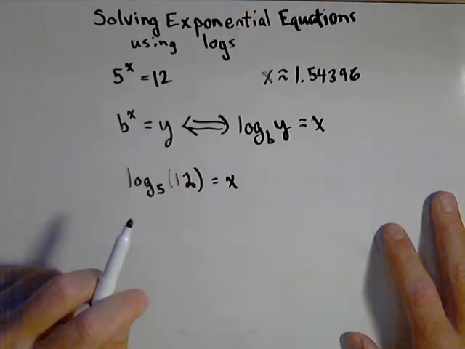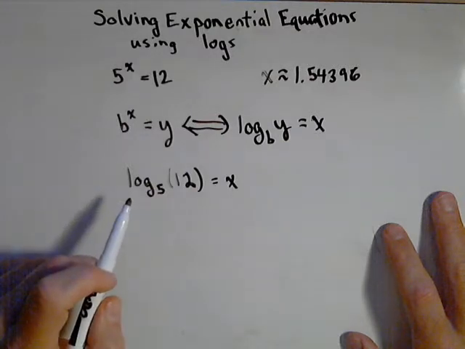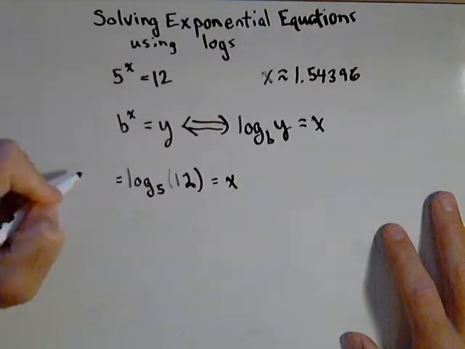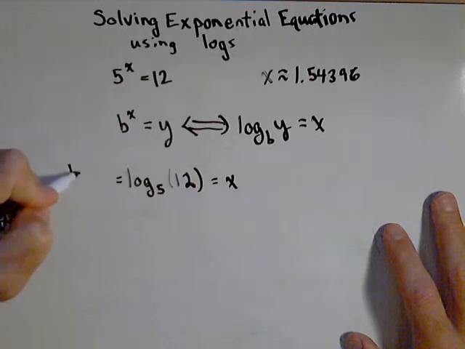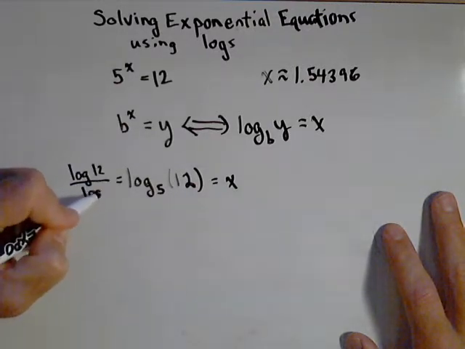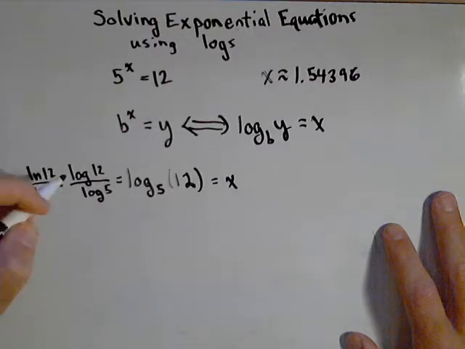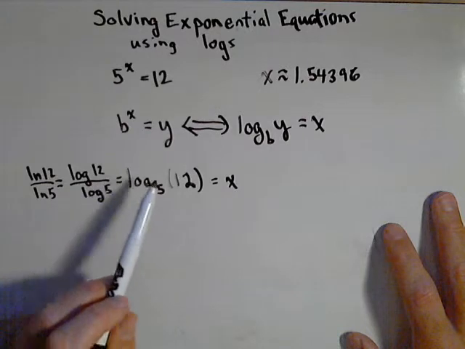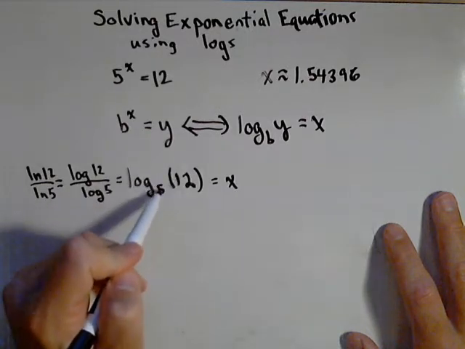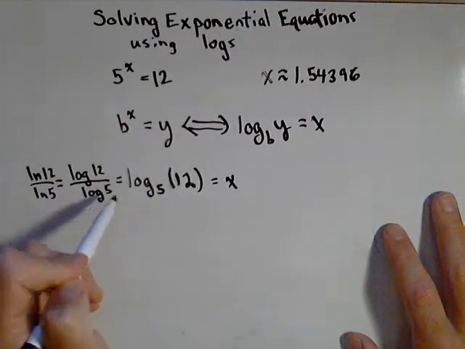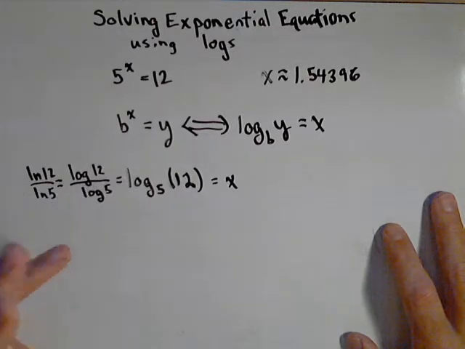Now, we do not have a log base 5 button in our calculator, so we have to use what's called the change of base formula, which we could do as log of 12 over log of 5. Now these could be any logs. We could actually do this as ln of 12 over ln of 5. As long as these logs have the same base, this is always going to be true. And the nice way to remember it is, the base is already lower, so that's what goes on the bottom. It's the number that goes on top. So that's one way of thinking about solving this.